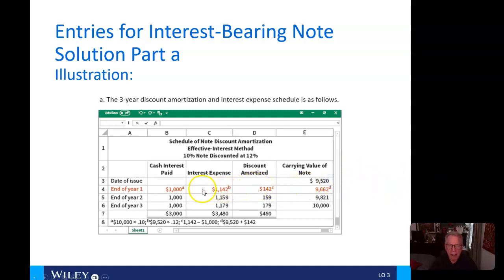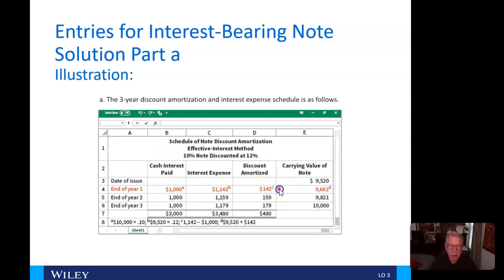We multiply that times the effective rate, which in this case was 12%, and that comes out $1,142. Interest paid would be the face value, $10,000 times 10%, which is written on the note, and that comes out $1,000.